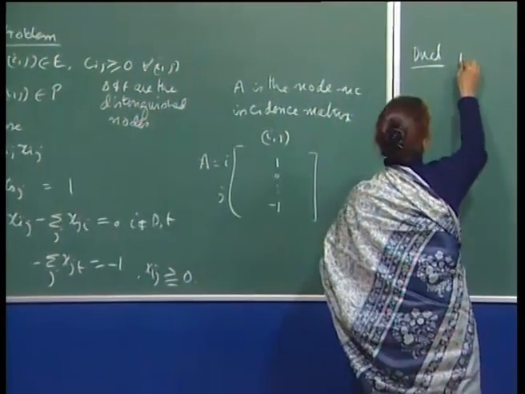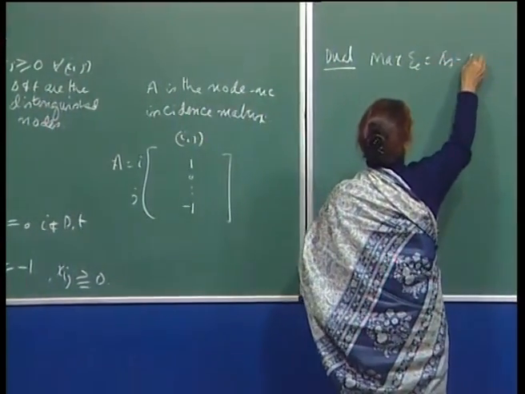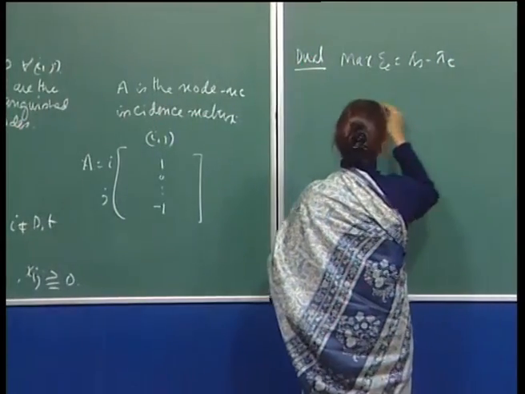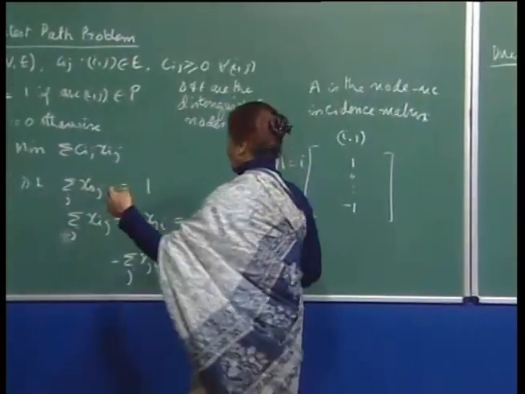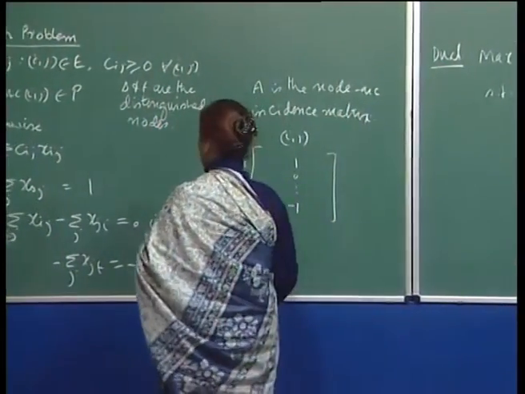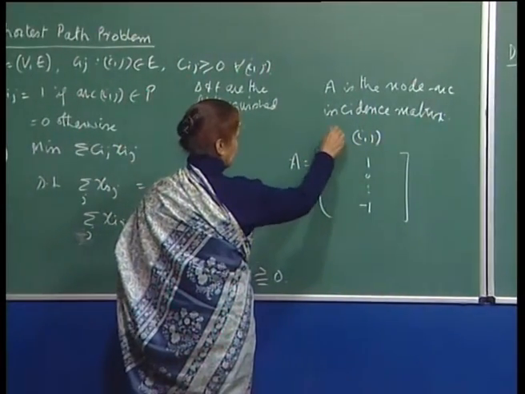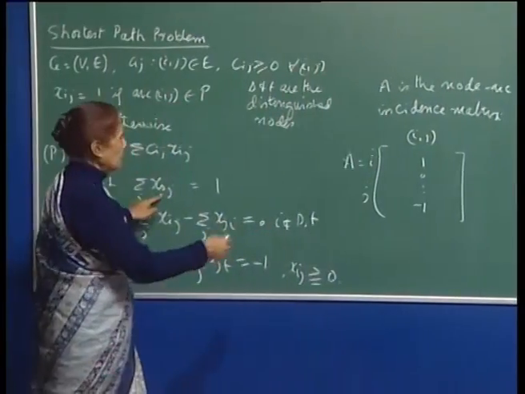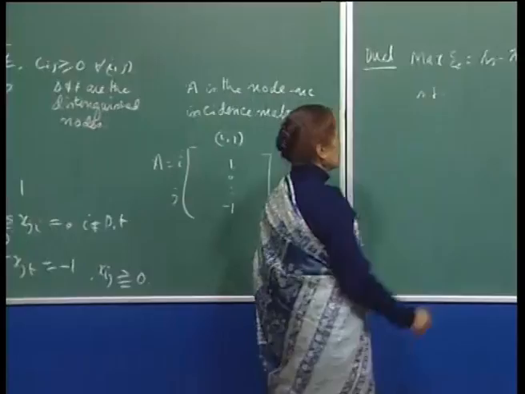So, you will be maximizing psi equal to pi s minus pi t subject to the dual constraints. For example, when you have the node S, for any arc of the kind Sj, it will be plus 1 here and minus 1 here.